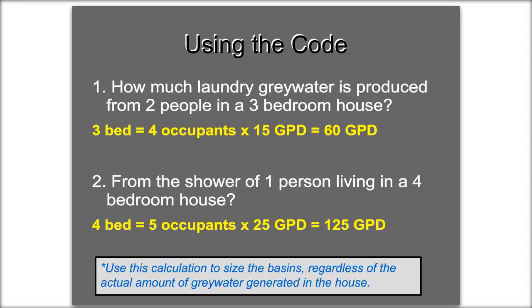And you can imagine in reality, one person probably doesn't make 125 gallons per day every single day in their shower. And so as a designer, you're going to also need to calculate how much water they're really producing, because you need to know that for your plants. How many plants can you irrigate? So as you're getting into the code, there's kind of these dueling pieces of information.